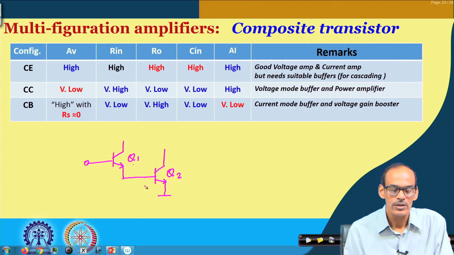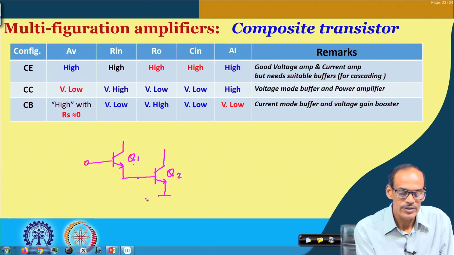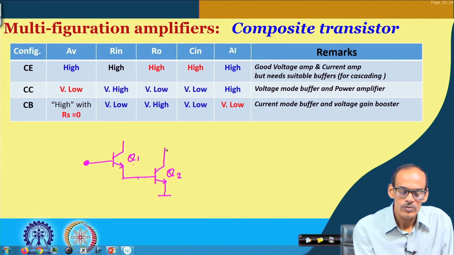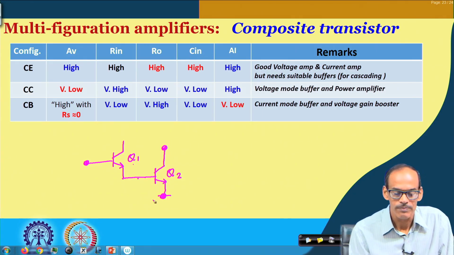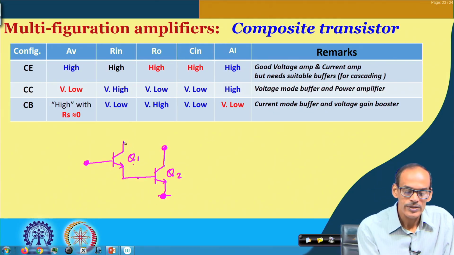As the complete circuit designer, we may not be much interested in accessing this node. Instead, we would like to access this node to feed the signal, or this node to observe the signal, or to access this node. And at the same time, we would like to keep the collector of the first transistor at a meaningful voltage.